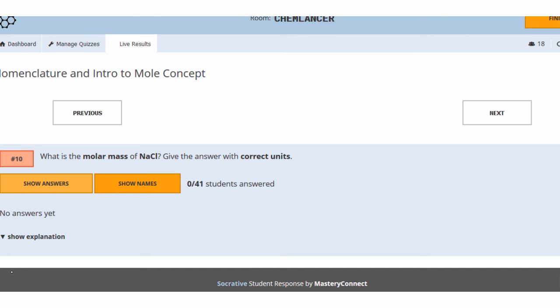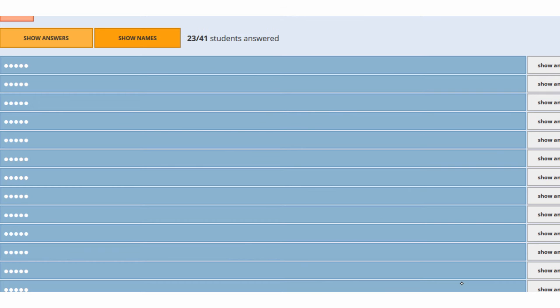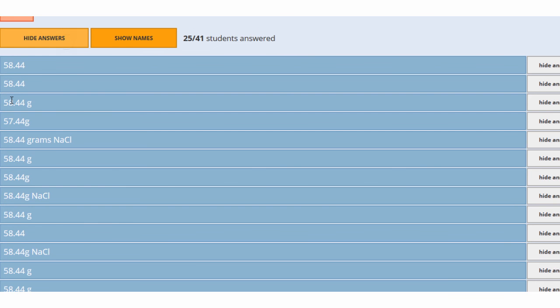If you know how to do it, help a neighbor. If you don't, ask a neighbor. And then you're going to do the same thing for the sucrose. If you have it figured out, help each other out. Okay. We'll go 5, 4, 3, 2, 1.